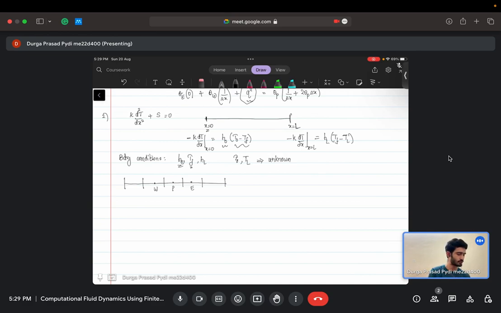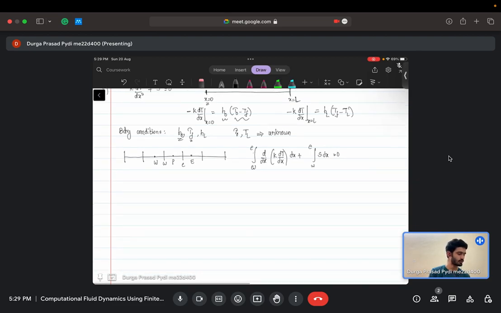If you take the integration from the west face to the east face of d/dx of k dT dx equals 0, and since S is a constant, we get k times dT dx on the east face minus k times dT dx on the west face plus S times delta x equals 0.